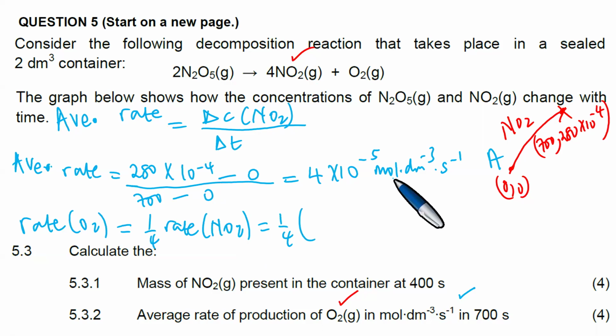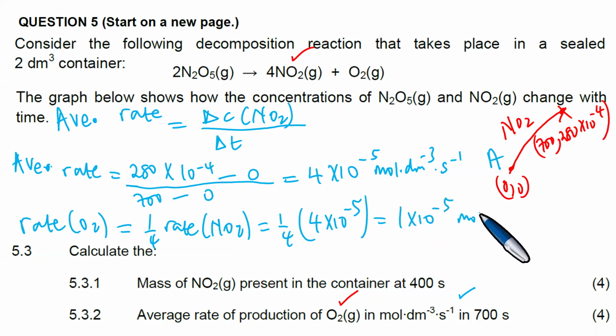Right, the average rate of NO2 is this one, which is 4 times 10 to the -5 moles per cubic decimeter per second. And this is 1/4 times 4, giving us 1 times 10 to the -5 moles per cubic decimeter per second.